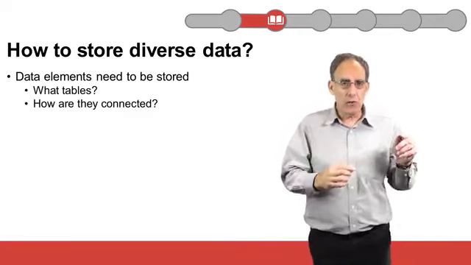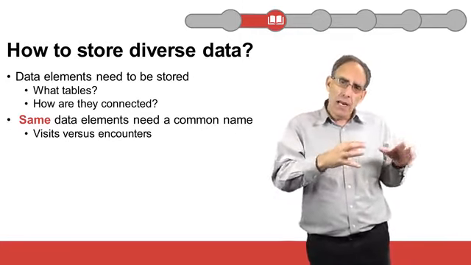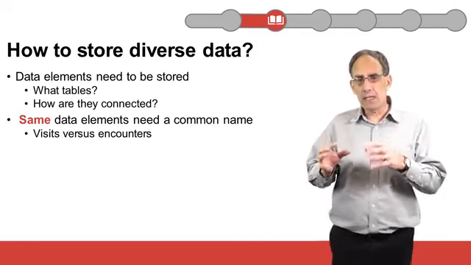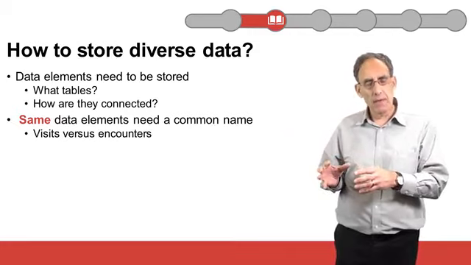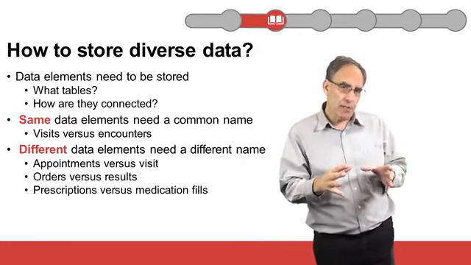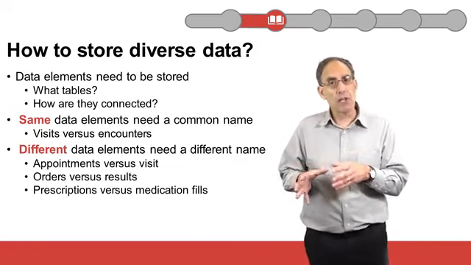But for data integration, the data warehouse team must decide when data elements represent the same concept and therefore need to be assigned a common name, and when data elements refer to different concepts and therefore need a different name. We provide some examples here.